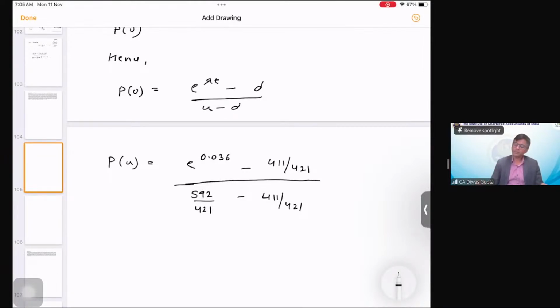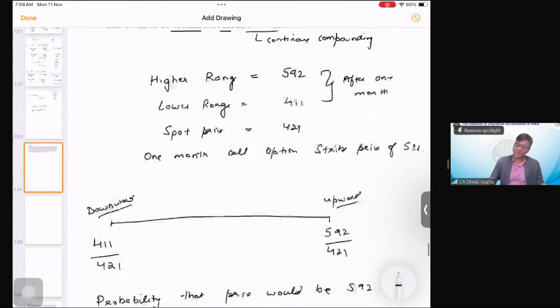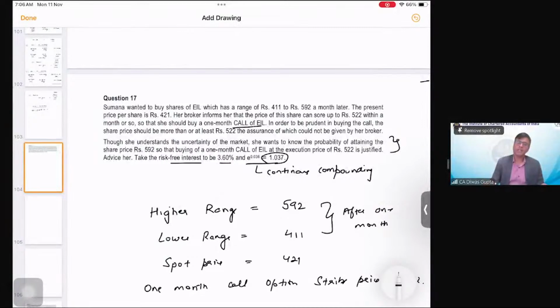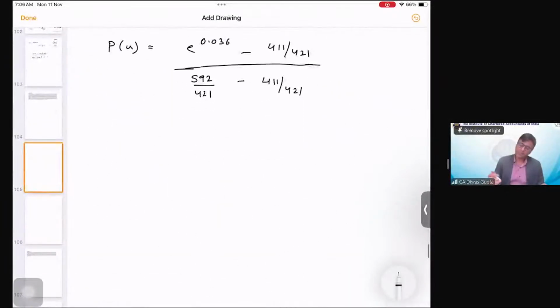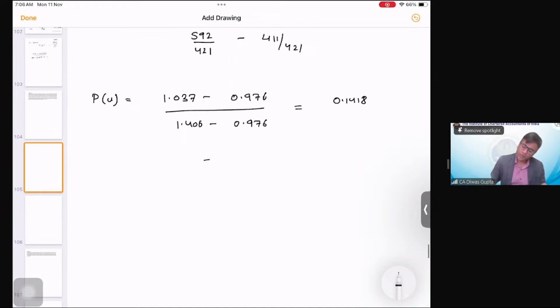And hence e raised to the power 0.036, it is given in the question, is 1.037 minus 0.976 divided by 1.406 minus 0.976. So this becomes 0.1418, which is actually 14.18 percent.